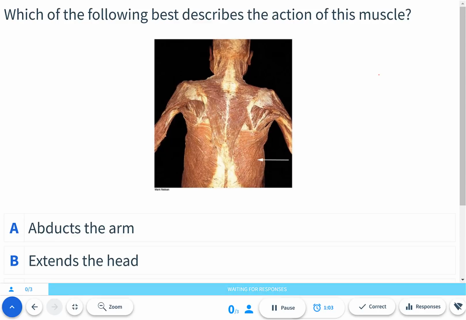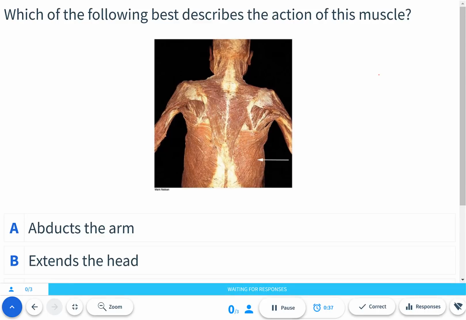So it adducts the arm. And the best way to remember the action of this muscle is to remember how to scratch your opposite scapula. In that case, you need to adduct, extend the shoulder, and medially rotate the shoulder. So these are the actions of the latissimus dorsi muscle.